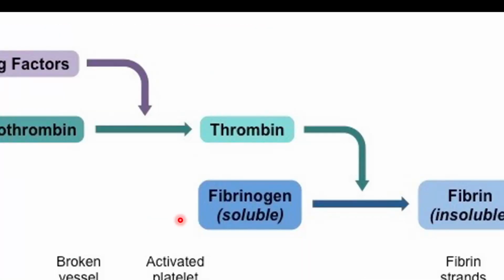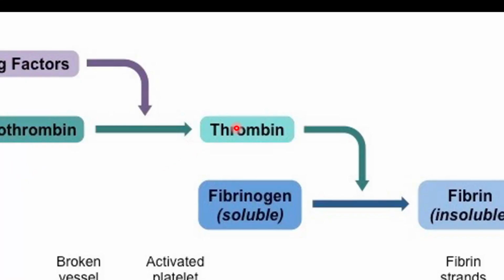So, what happens in the clotting overall process? What are the important clotting factors? Whenever there is a damaged blood vessel, injury to the vessel lining triggers the release of clotting factors in a broken blood vessel. Clotting factors convert the inactive prothrombin into active thrombin.